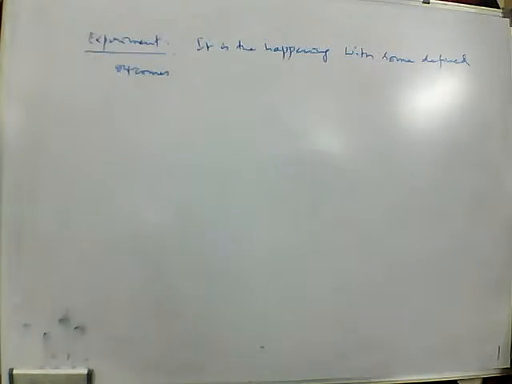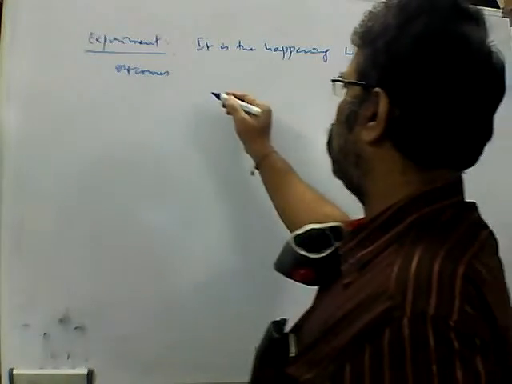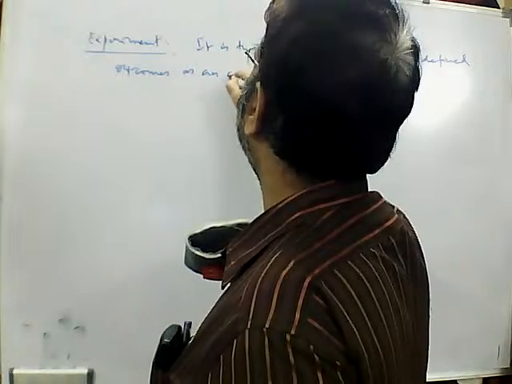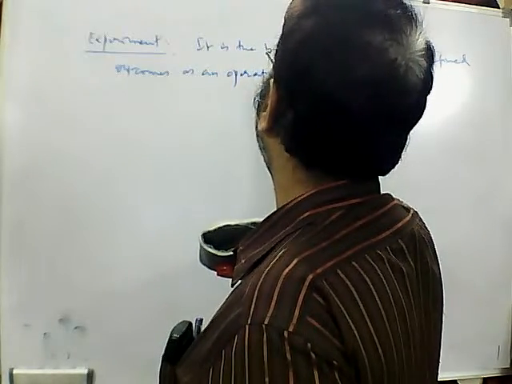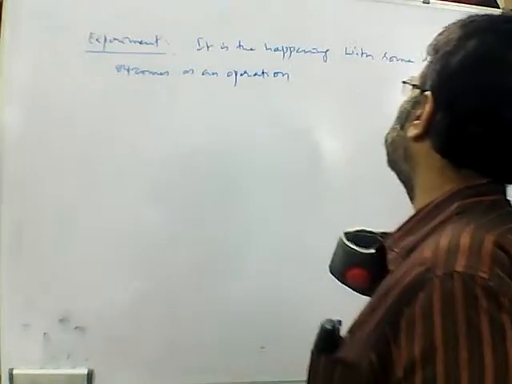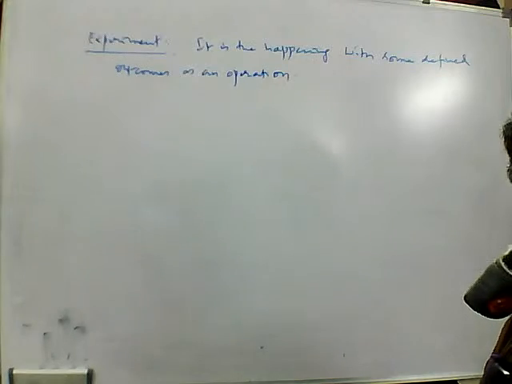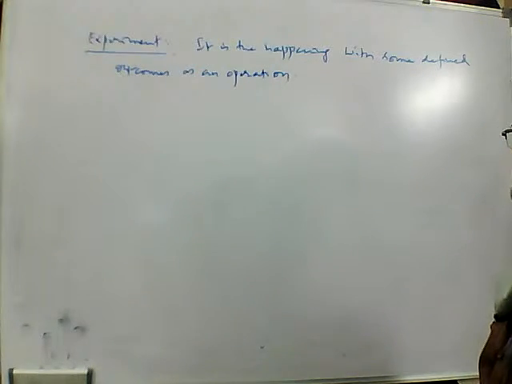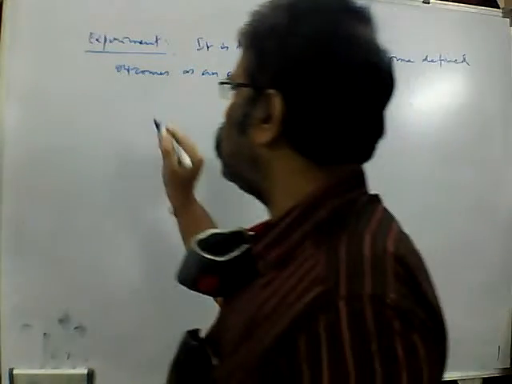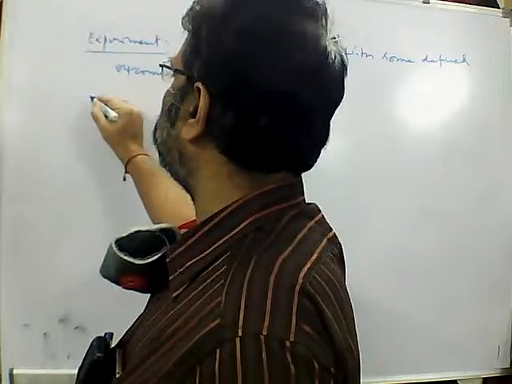This is called an experiment. So it is an operation with some defined outcomes. This is called an experiment. So these are key terms in probability, right?